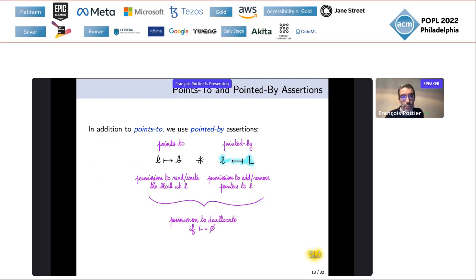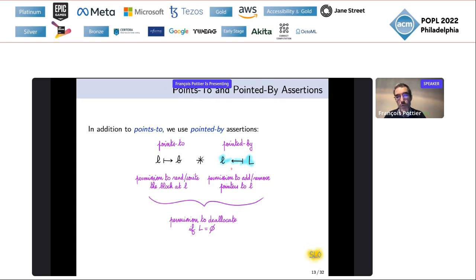So this is what the system looks like. Basically, we are going to have both traditional points-to assertions, l points to b, which gives you read and write access, and pointed-by assertions. The location l is pointed by the multiset of locations capital L. So this means the multiset capital L contains the addresses of all of the blocks that point to our block little l.